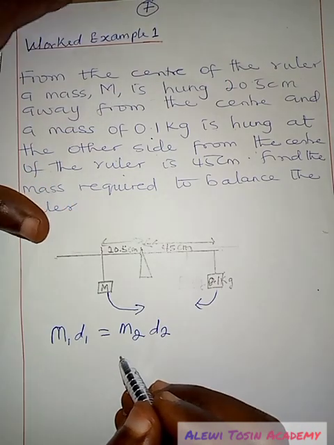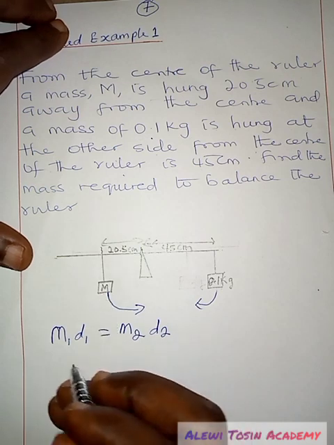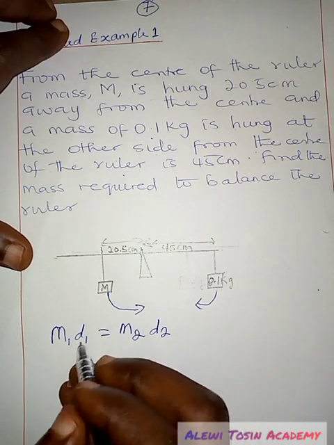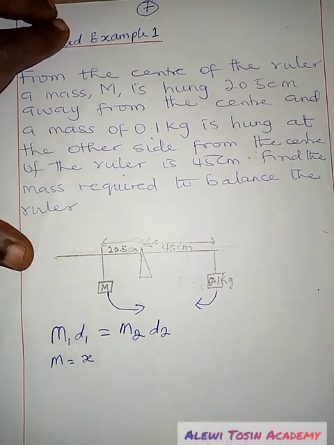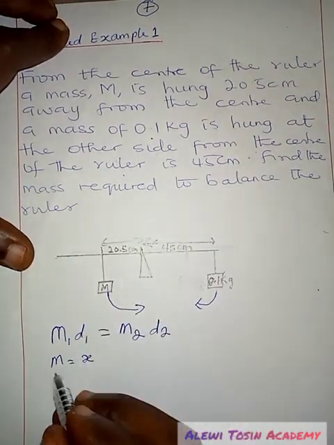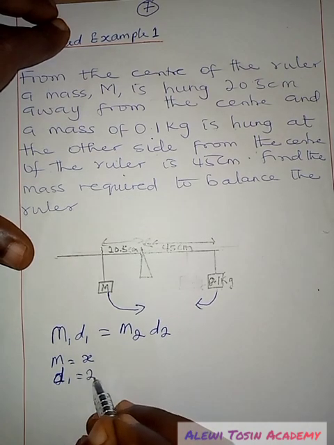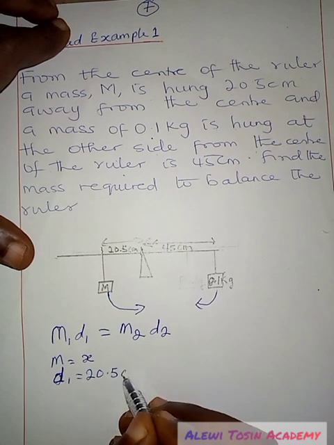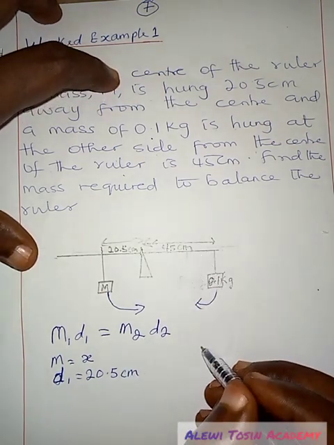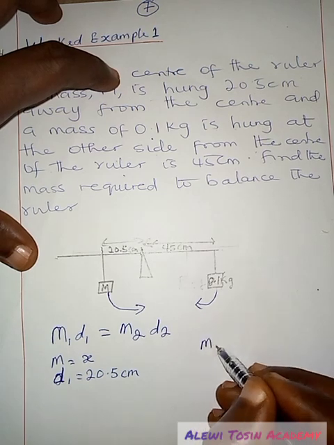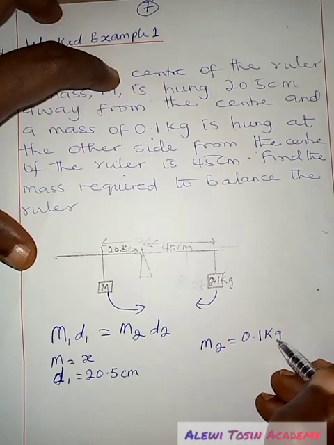So on that note, our M1 is unknown. Let it be X. And our D1 is 20.5 centimeter. For the other side, our M2 is 0.1 kilogram.